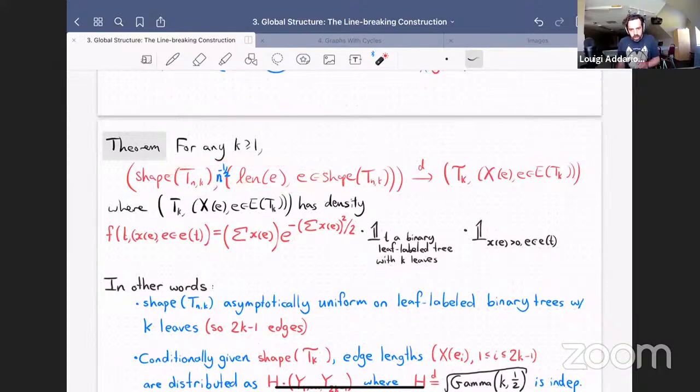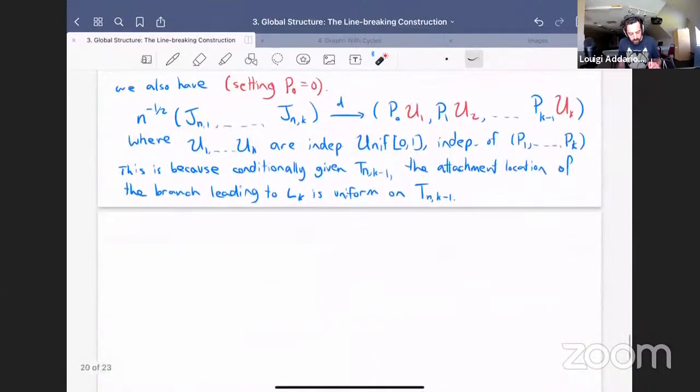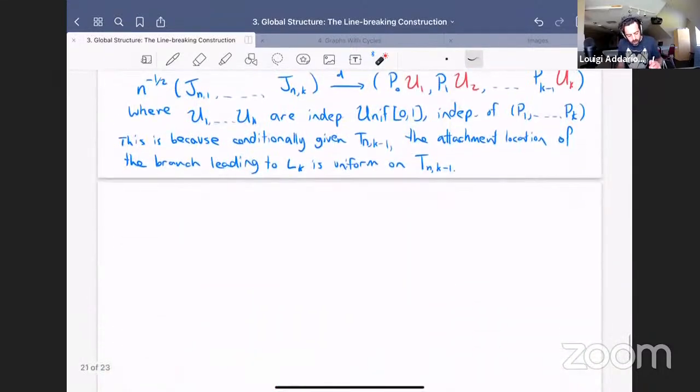We understand asymptotically how the finite construction is behaving, and now we ask what that means in the limit. I'll describe that and assert that it leads to a tree with this density. Proving that is a fairly straightforward exercise in calculus and probability, and I'll leave it as an exercise. Even though the result is beautiful and maybe hard to guess in advance, once you know it, the proof isn't too bad.